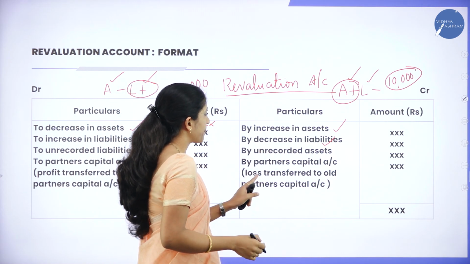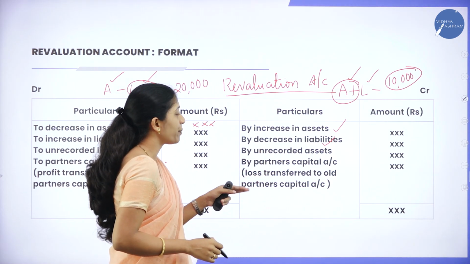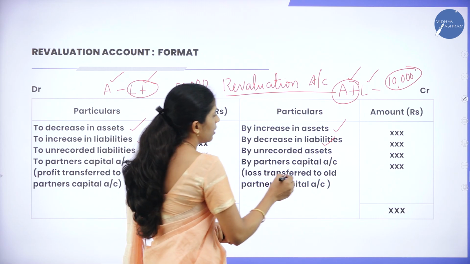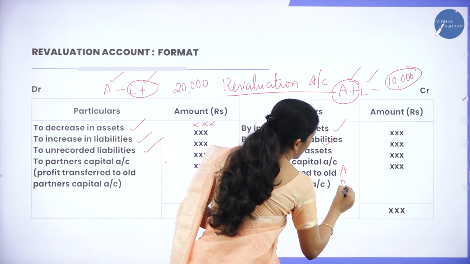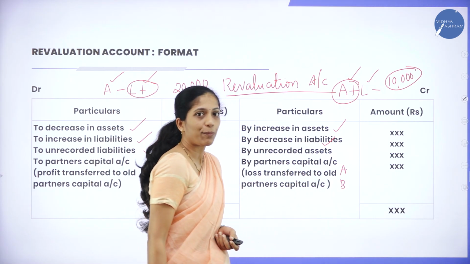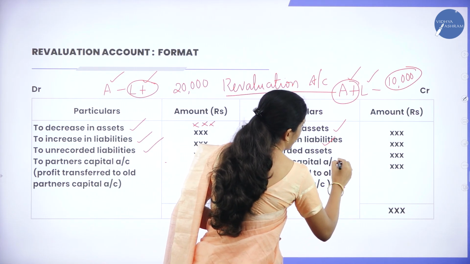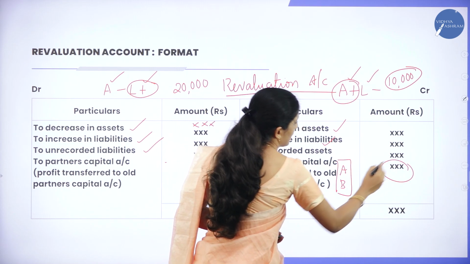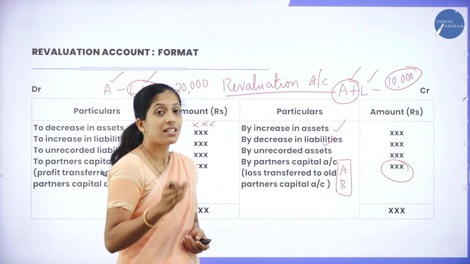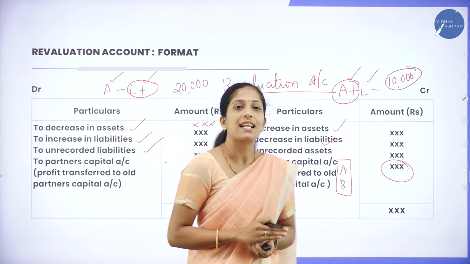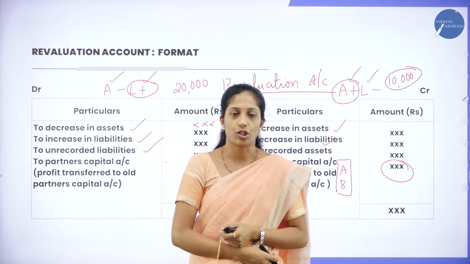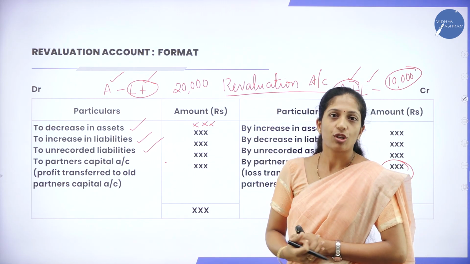So, loss transferred to old partner's capital account. For example, A and B are old partners and they are sharing their profit and loss in the ratio 1:1. So, you will distribute that loss. You will get a loss here. That is the balancing figure. You will distribute that loss to the old partners in their profit sharing ratio. You will understand better when we solve a problem.